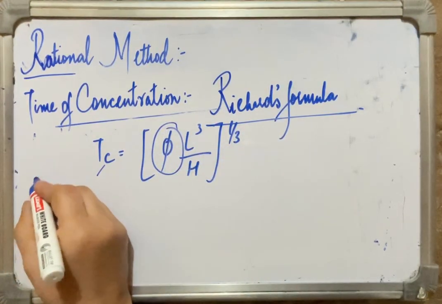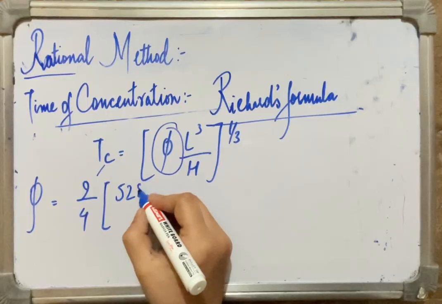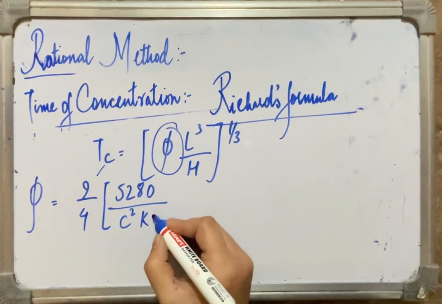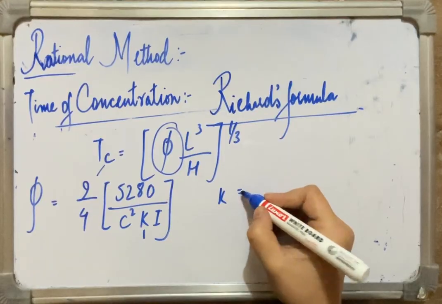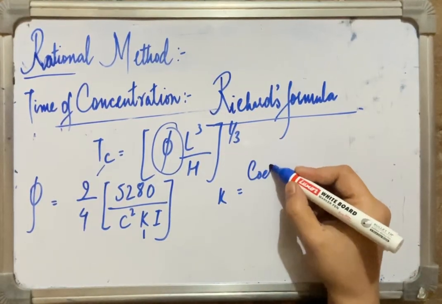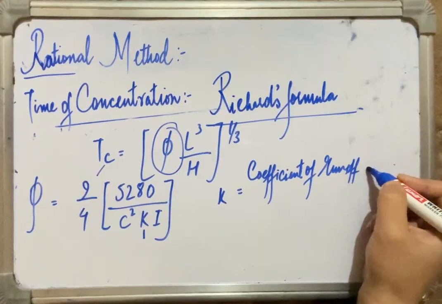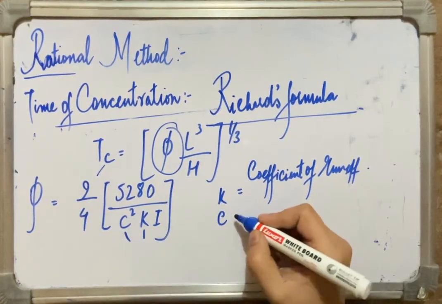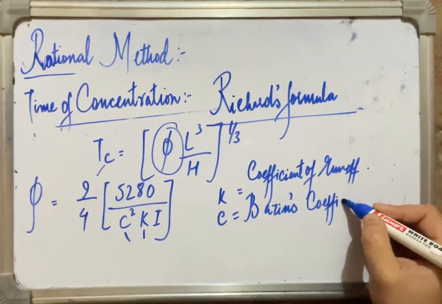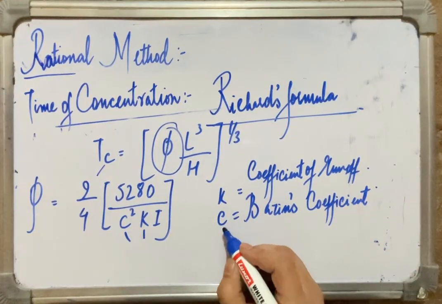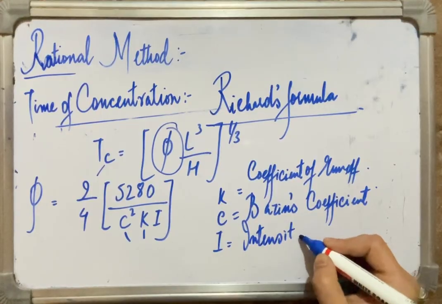But what is this term, phi? Phi is given by 9 by 4, 5280 divided by C squared K I, where K is the coefficient of runoff, C is Bazin's coefficient, and I is the intensity of rainfall.